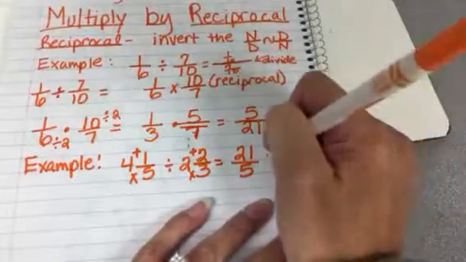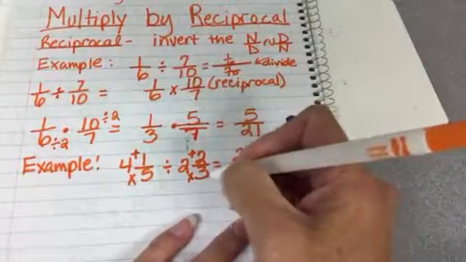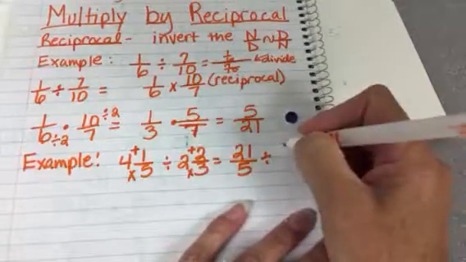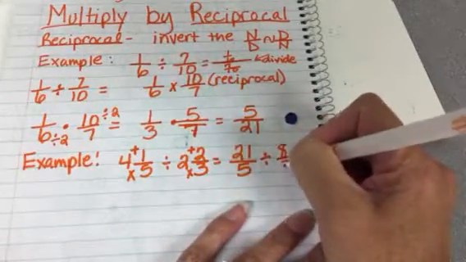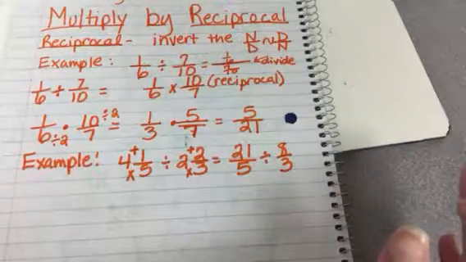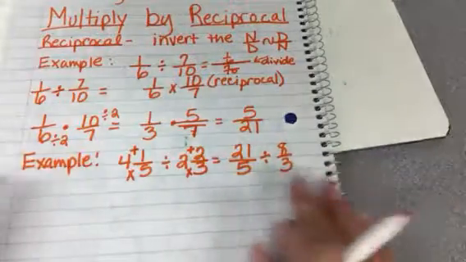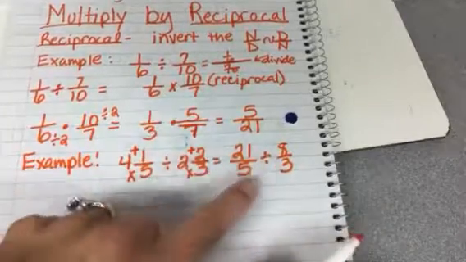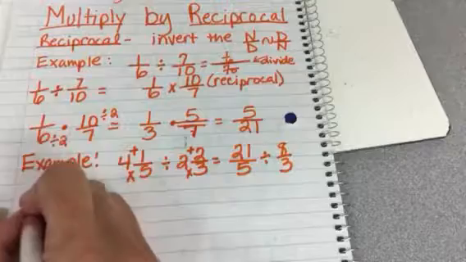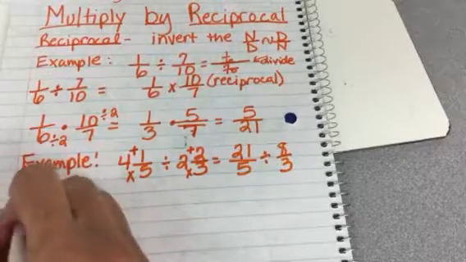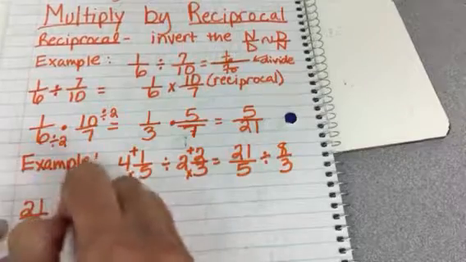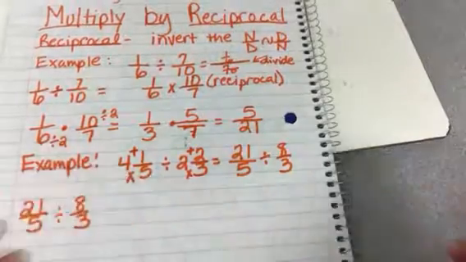Okay, then I'm going to do the next one. 3 times 2 gives me 6, plus 2 gives me 8/3. So now, all I've done, I haven't changed any values. I've just changed the way that my fraction looks from a mixed number to an improper fraction. So now I have 21/5 divided by 8/3.